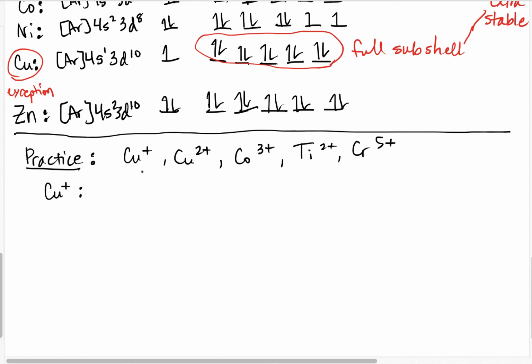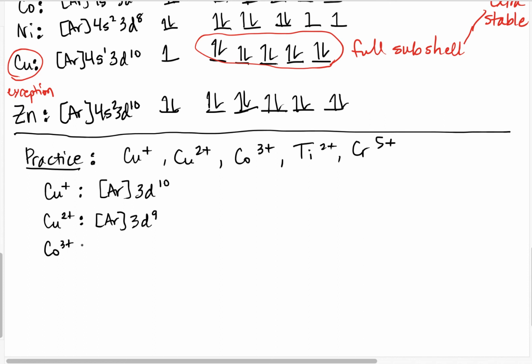Remember that we are taking electrons out of the s orbital first. So copper plus has 1 electron in the s orbital, so we would end up with argon 3d10. Copper 2 plus, we've already taken all of the electrons out of the 4s orbital, so now we need to start taking them out of the d, even though it breaks up our fully filled subshell.